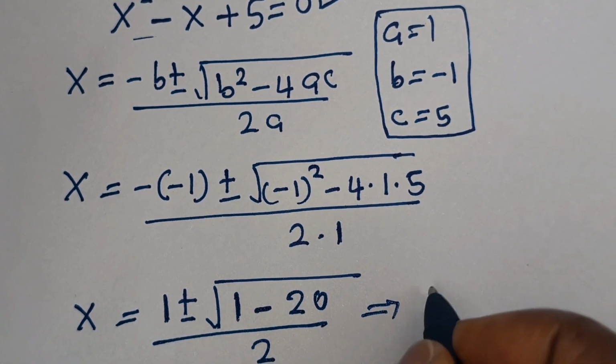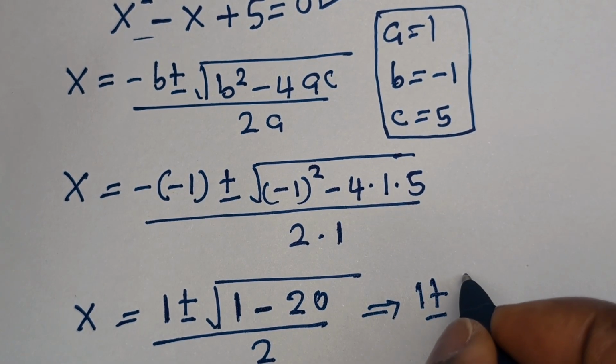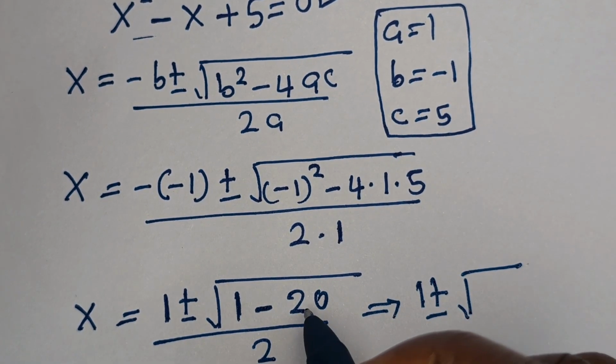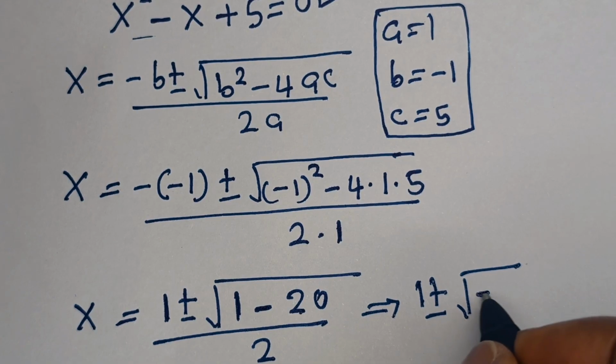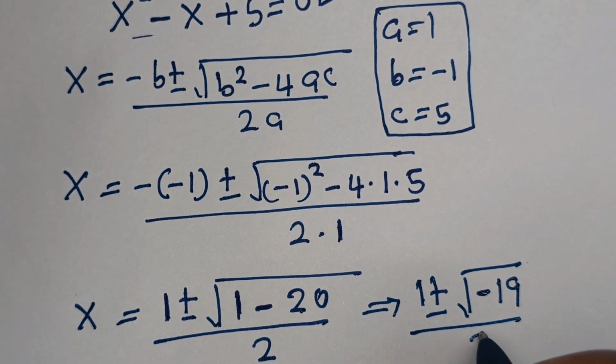And this is the same thing as 1 plus or minus square root of 1 minus 20, that is negative 19, over 2.